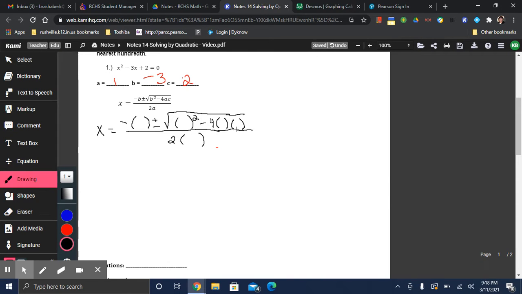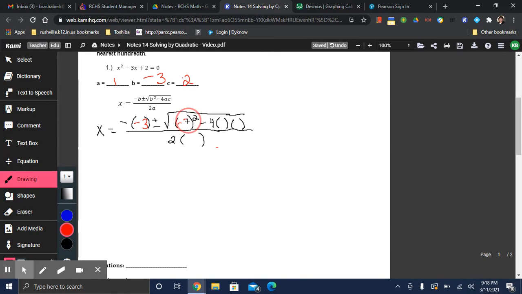So this is what I like to have you set up for each problem, where you will substitute in for the a, the b, and the c. So the formula says b is your first substitution. B is negative 3. So notice that we have 2 negatives here. It's substituted in here again.